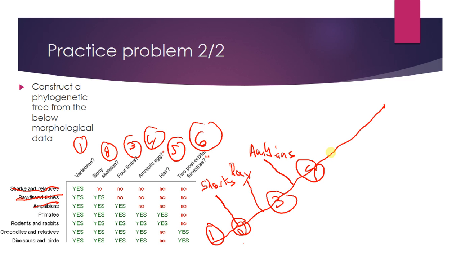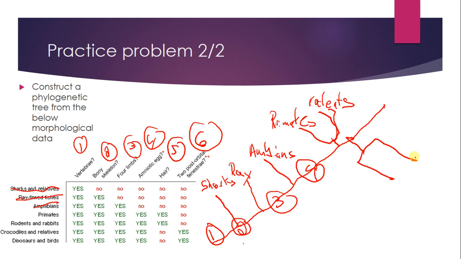So what I'm going to do is have an offshoot that looks like this. On this offshoot, we're going to have primates and rodents. And we'll have another offshoot with crocs and dinos.